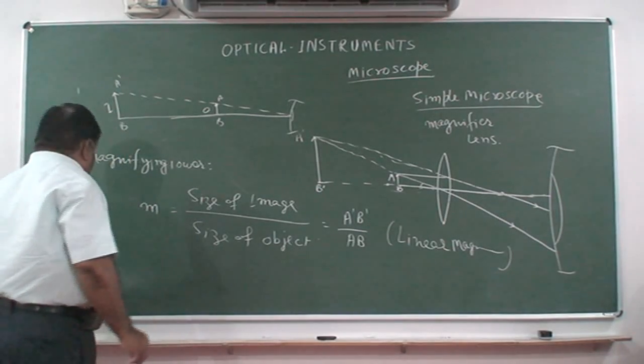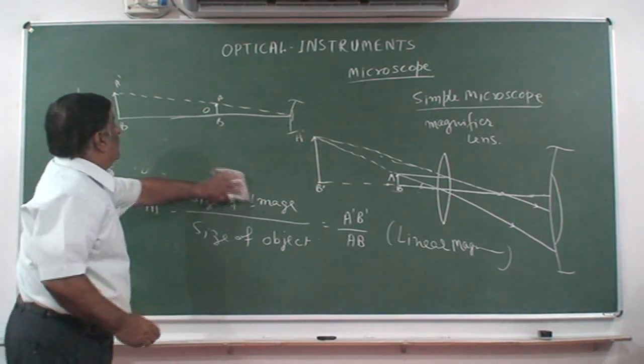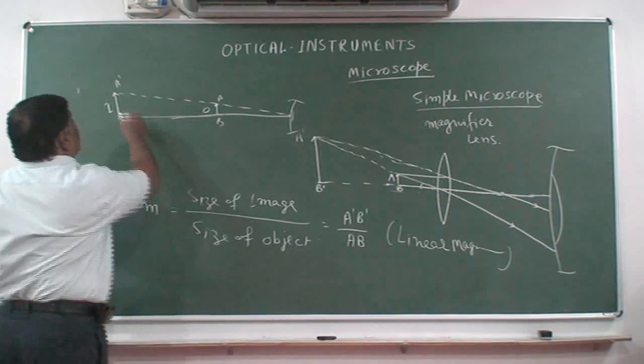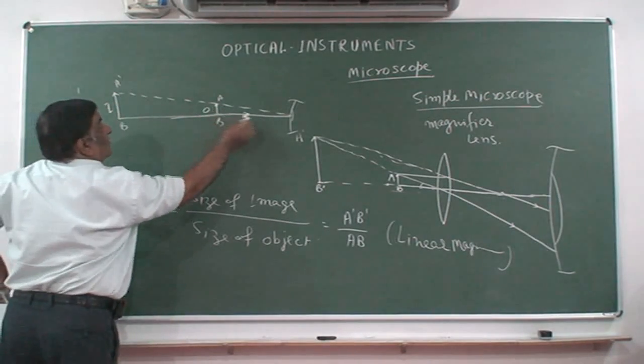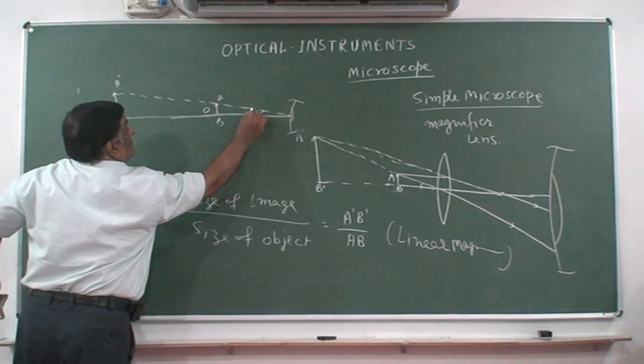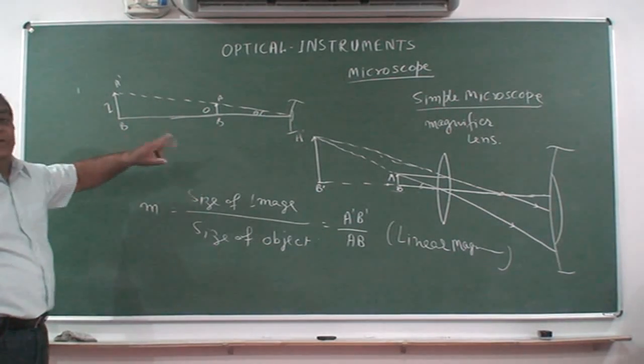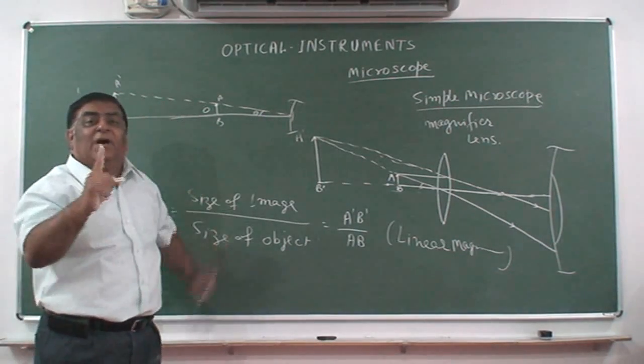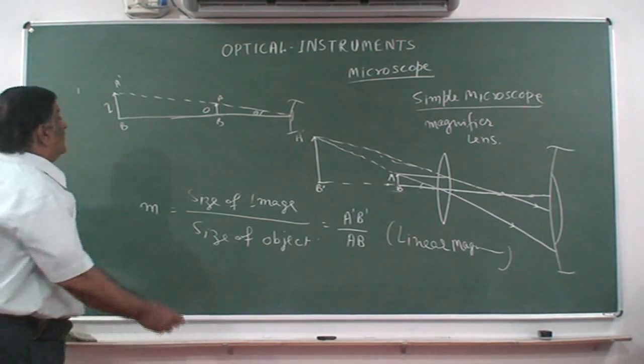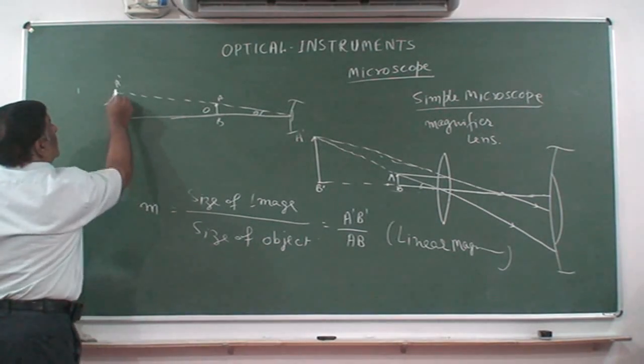Now angular magnification will be the angle made by the image divided by the angle made by the object, but we see that both angles are theta. Then how will there be magnification? The answer is, this is not the method of applying this formula. So what do we do?